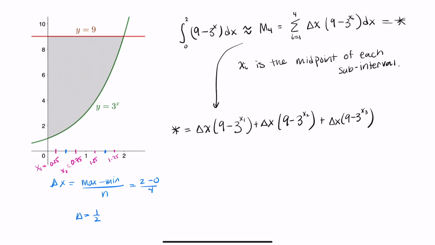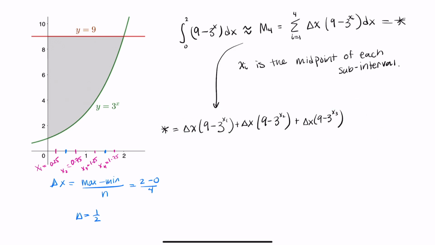I think you can see that this is x sub 3, and I'll just go ahead and label this x sub 4, plus delta x times 9 minus 3 to the x sub 4.